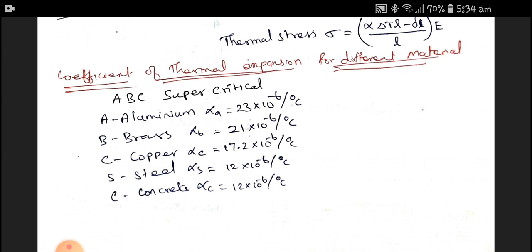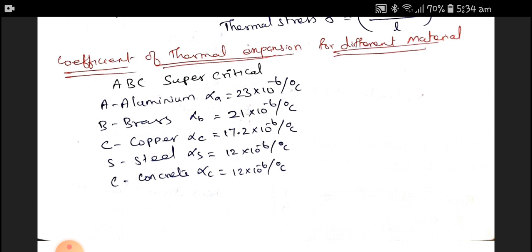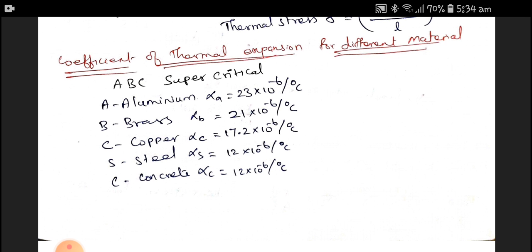Aluminium has a coefficient of thermal expansion of 23 into 10 power minus 6 per degree Celsius, whereas brass is 21 into 10 power minus 6 per degree Celsius, and copper is 17.2 into 10 power minus 6 per degree Celsius. For steel and concrete it is 12 into 10 power minus 6 per degree Celsius.